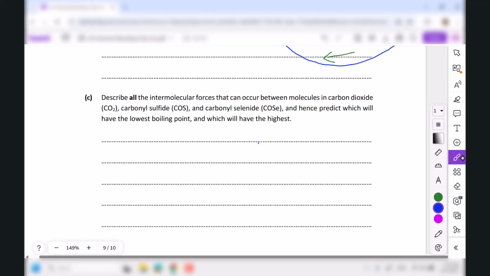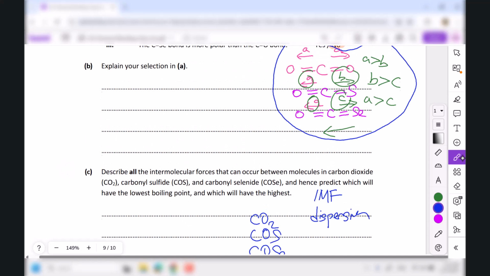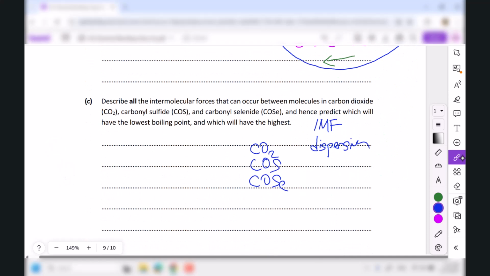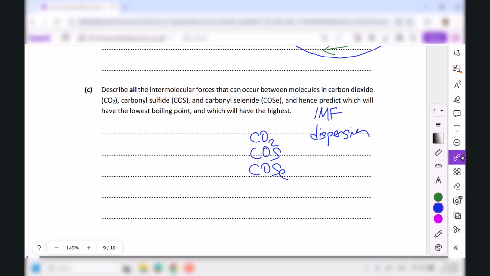Okay, so we have CO2, COS, and COSe. Okay, and then we want to list out the intermolecular forces of attraction. So for CO2 will simply be dispersion. Okay, because there is no dipole moment. So dispersion will be the main interaction. You can also highlight it as instantaneous dipole-induced dipole interaction. That's fine, but dispersion will be a shorter word to write.